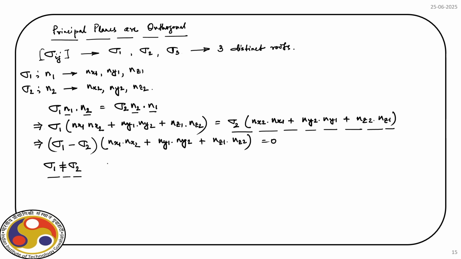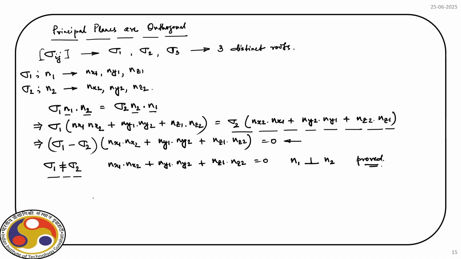So, for this condition, what we get is nx1 times nx2 plus ny1 times ny2 plus nz1 times nz2 is equal to 0. That means n1 is orthogonal to n2. So, that is proved.